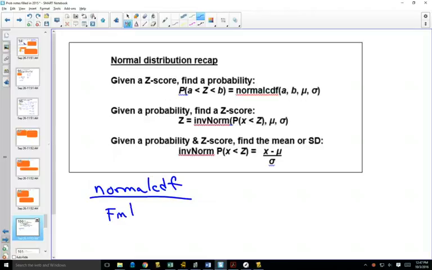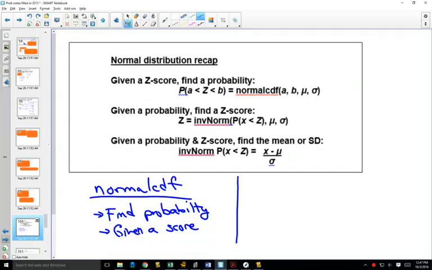If you're ever asked to find a probability, find a percentage, find a chance, that's always going to be a normal CDF problem. In that case, they're always going to give you a score. So you're going to be given a score, asked to find a probability. And that might be a Z-score, it might be a regular score. You're going to need your mean and standard deviation. Always going to use normal CDF.